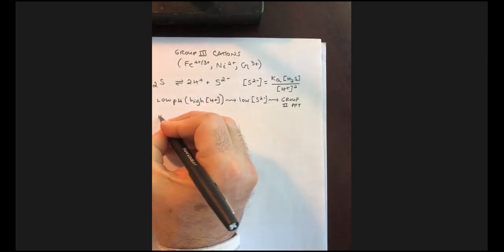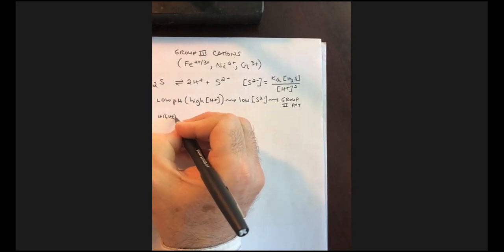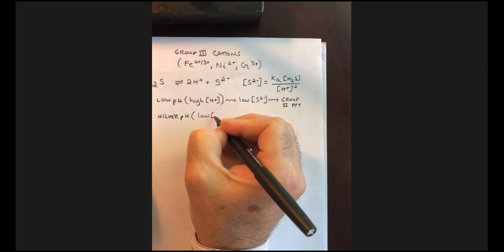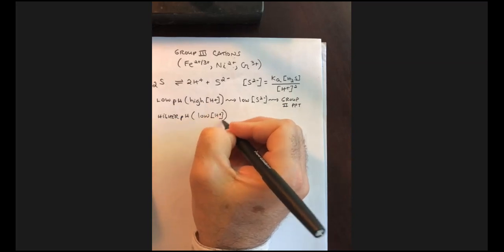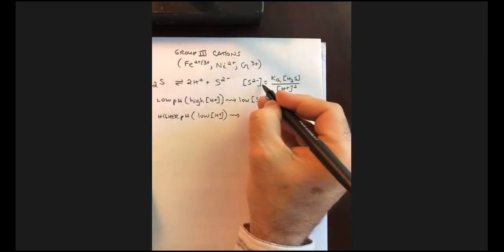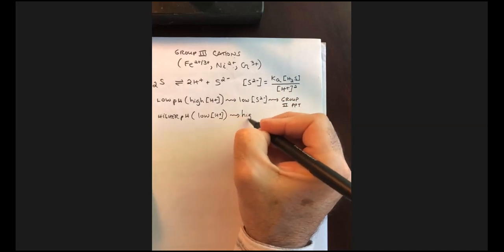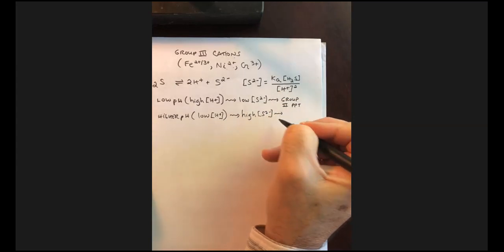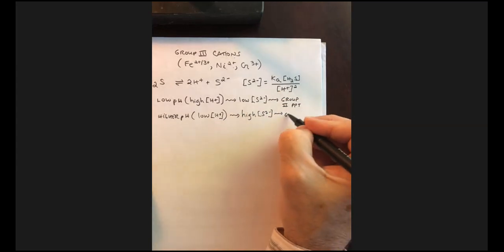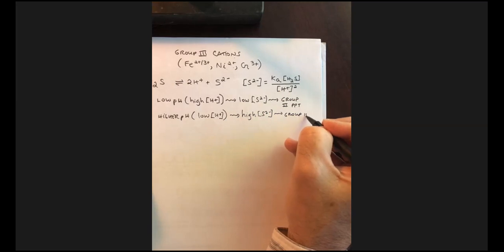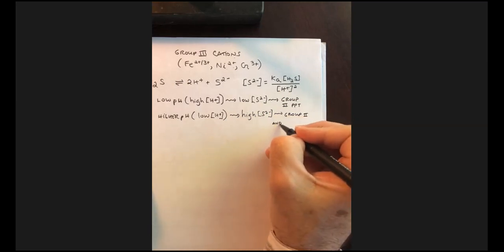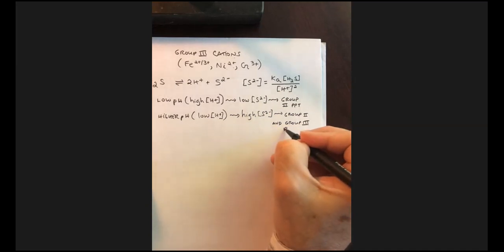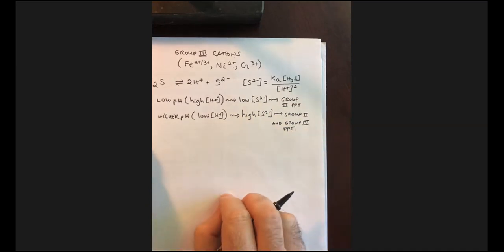Now, if I bring this to a higher pH, in other words, a low concentration of H+ ions, what that's going to say is I'm going to have a higher concentration of sulfides. And therefore now, pretty much both group 2 and group 3 ions will precipitate, okay?